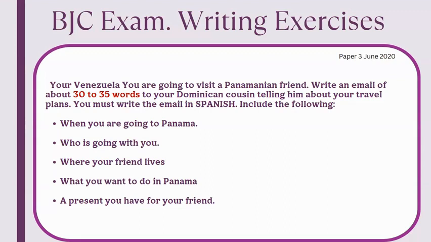What am I saying? I'm going to Panama. When am I going to Panama? La 30 de agosto, the 30th of August. Right. Or you could say August 30th, right? Because that's the way we talk.